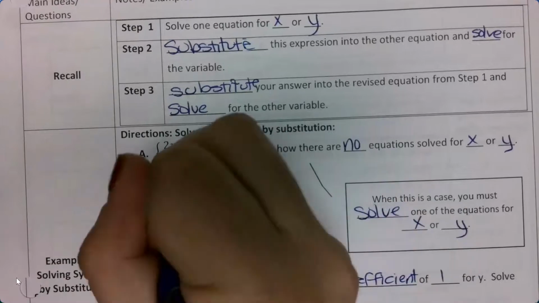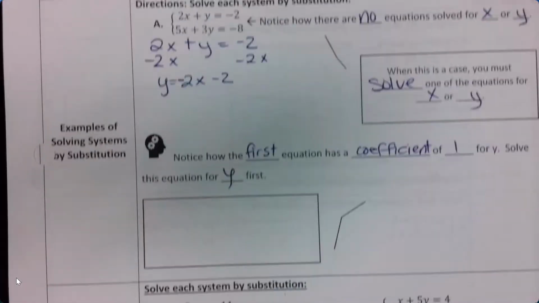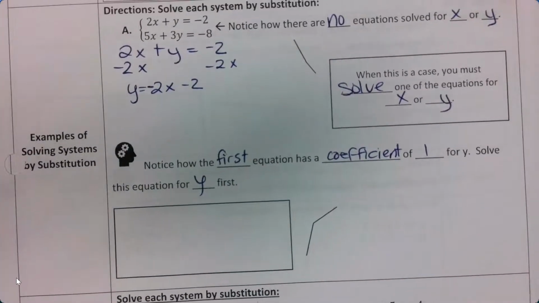Should be a negative. Thank you. Okay, so now we have an equation with one variable on one side.